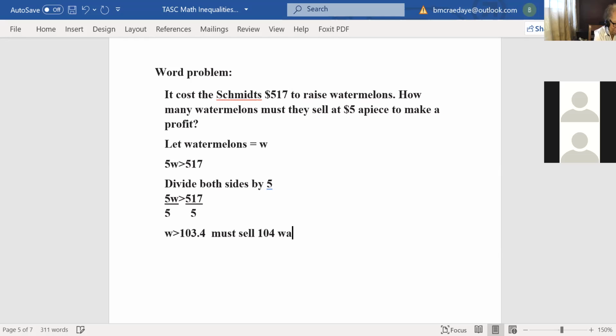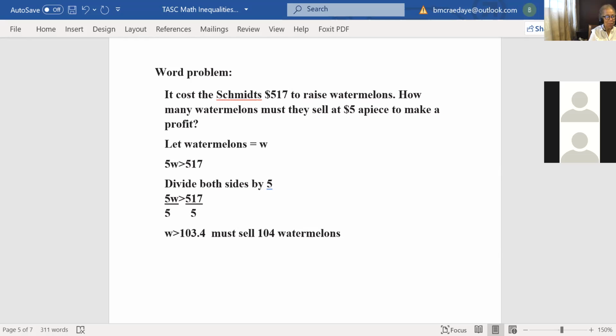Why would you sell 104? It's less than 5, Miss Barbara. What do you mean, less than? Because 103.4, 4 is less than 5. So how are we taking it to 104?